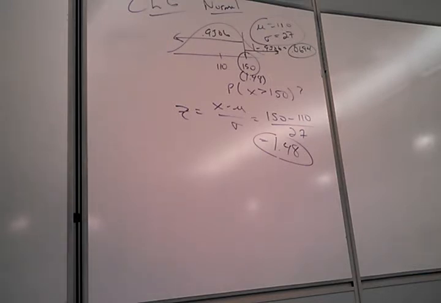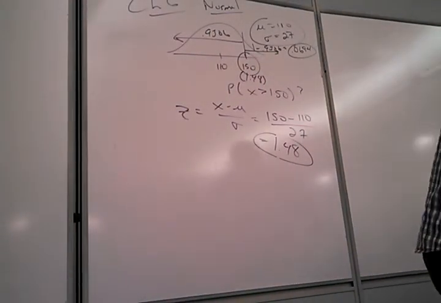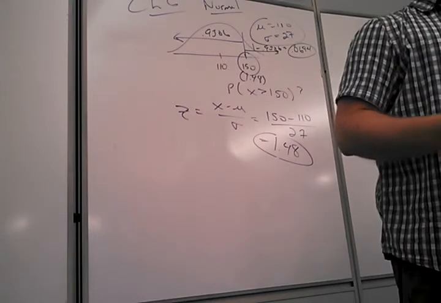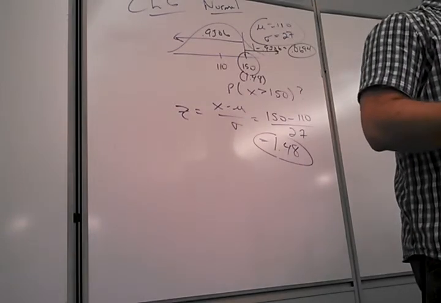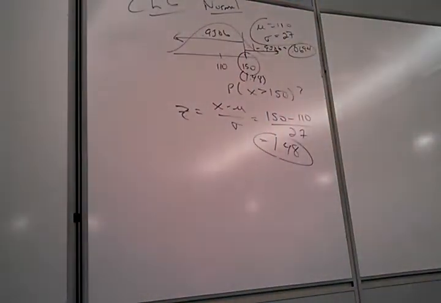So what I want you to do right now is immediately find somebody, if you didn't end up with a z-score chart, somebody that has one, and I want you to work on this. You work on this together.